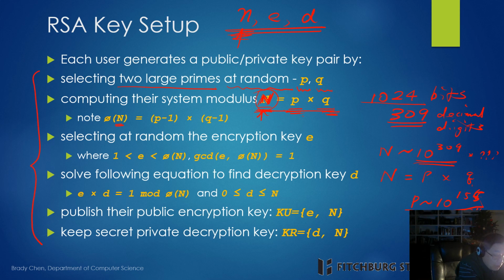It's impossible because we have to find out, remember the definition for phi of n, the Euler's totient number. It's defined as the number of integers smaller than n and relatively prime to n, right?